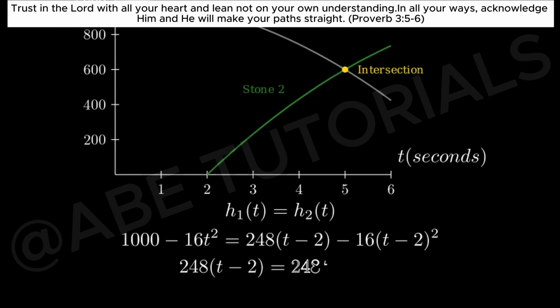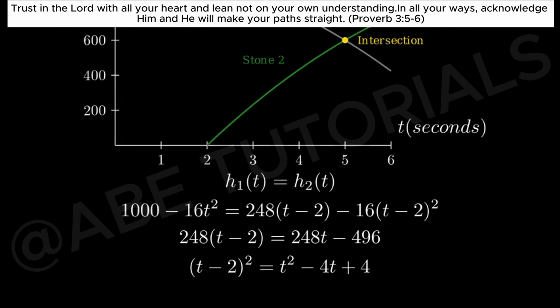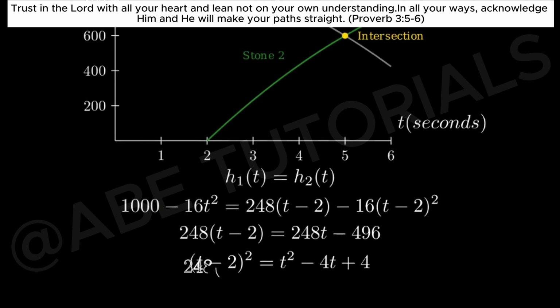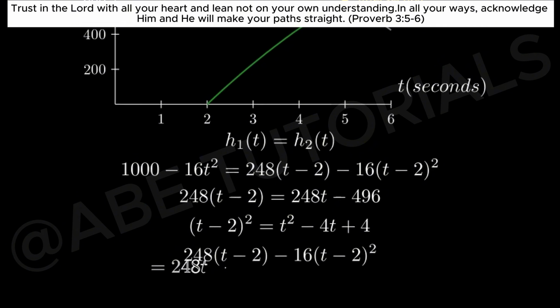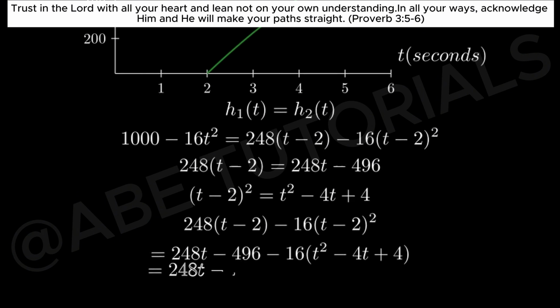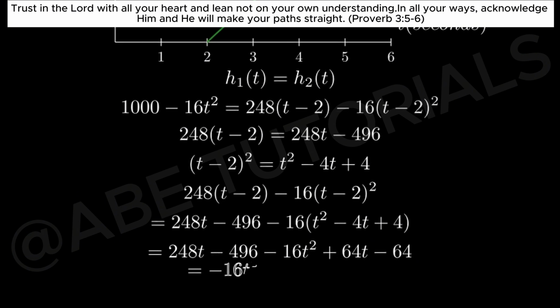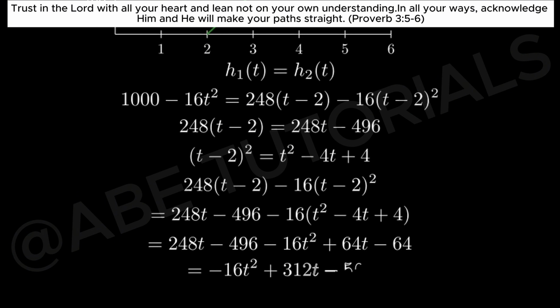Let's expand this equation. First, we expand the right side. 248 times (t minus 2) is equal to 248t minus 496. And (t minus 2) squared equals t squared minus 4t plus 4. Continuing with our expansion, 248 times (t minus 2) minus 16 times (t minus 2) squared equals 248t minus 496 minus 16 times (t squared minus 4t plus 4).